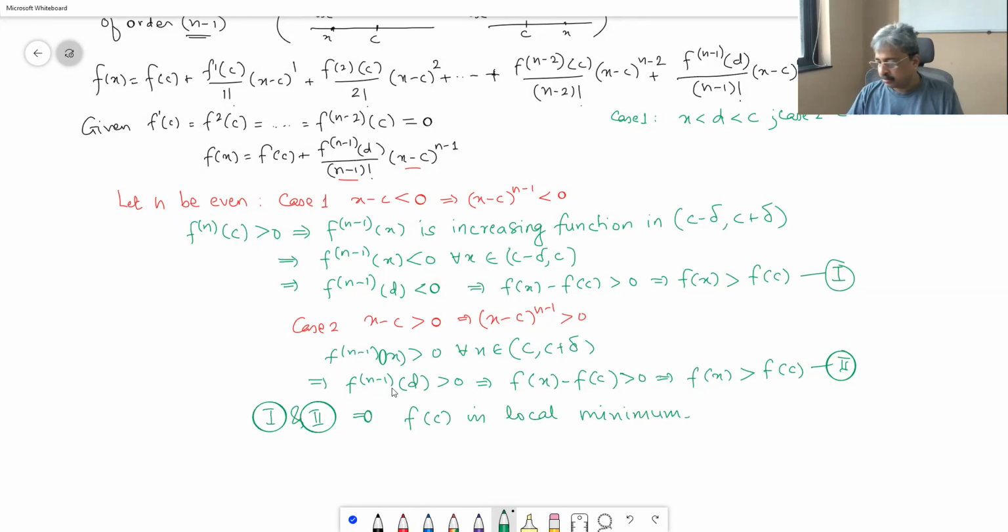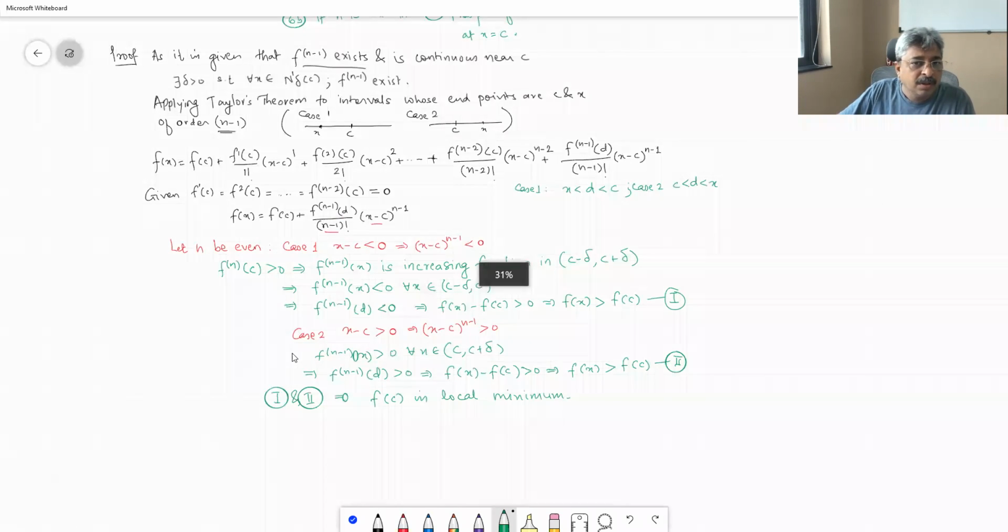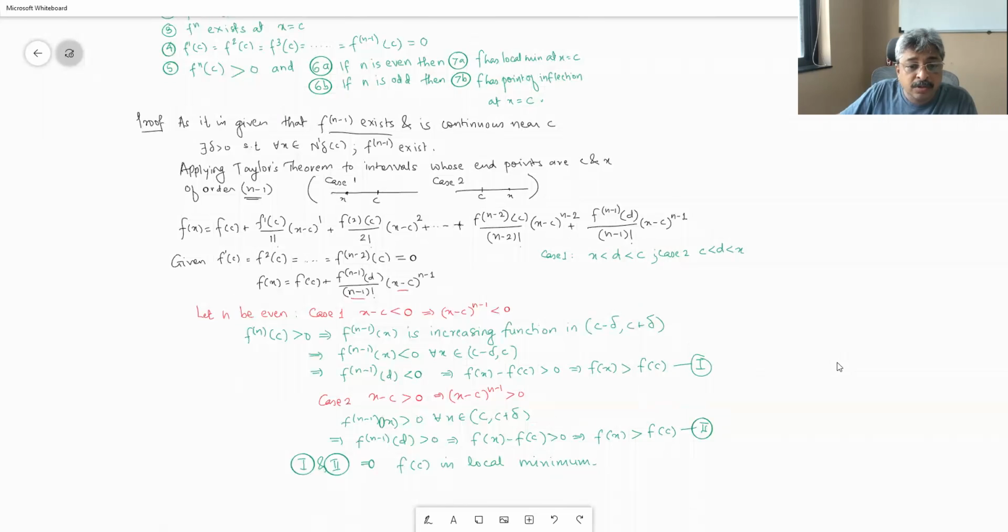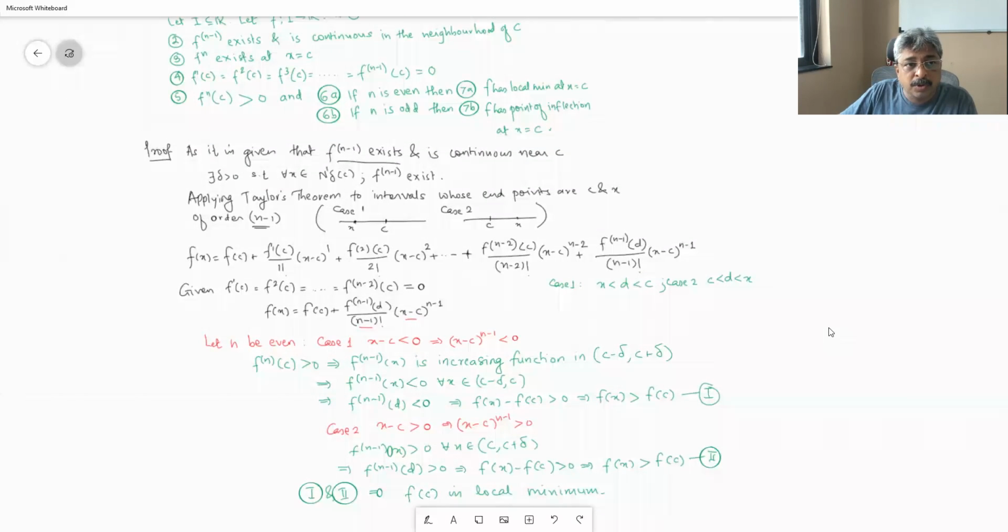Okay, so for n even, we have done a reasonably good job. This is the complete proof in front of you, and this is the theorem in front of you.